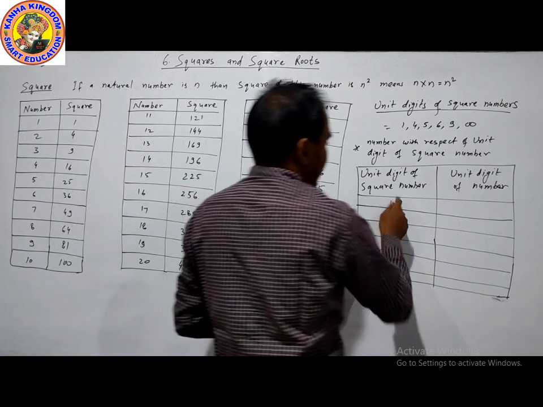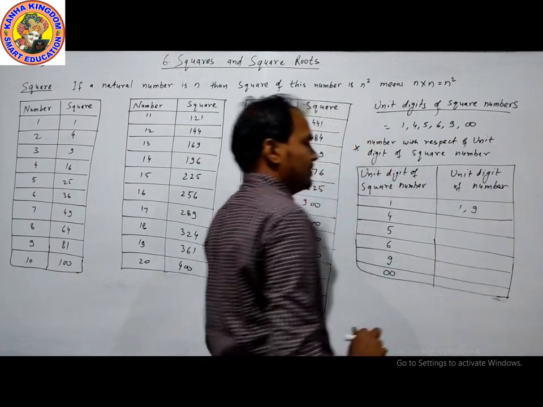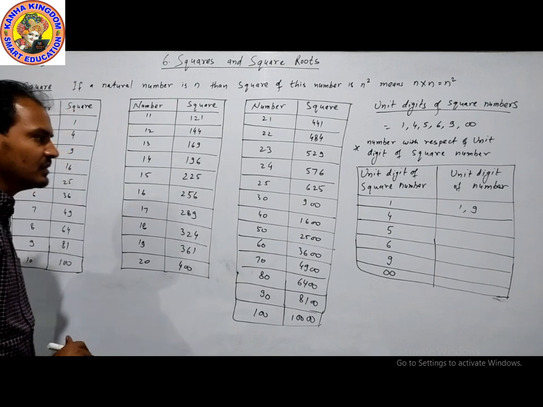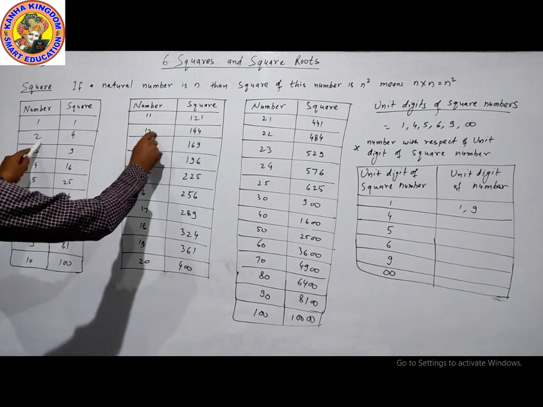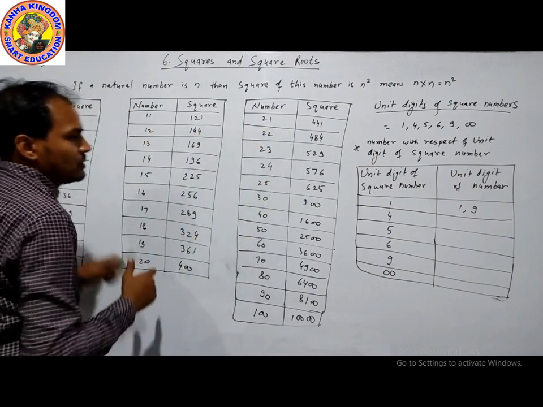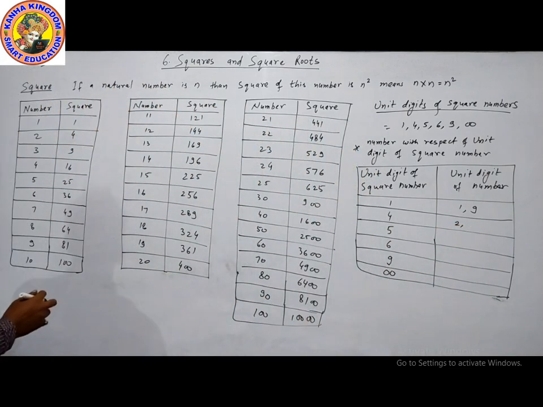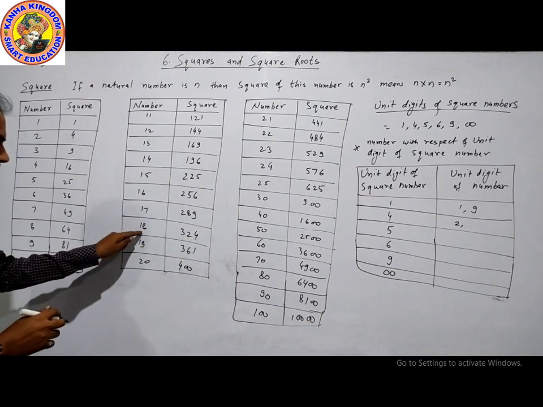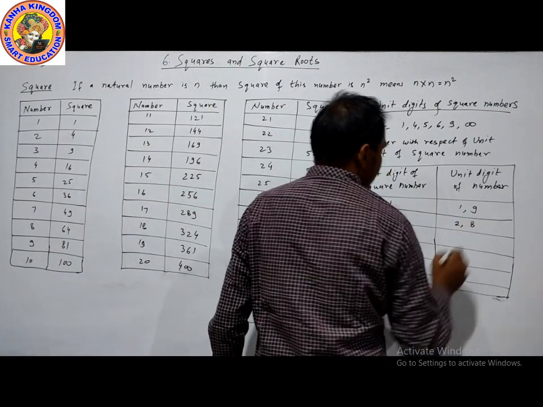So if we get 1, the unit digit of the original number is 1 or 9. If we get 4, the unit digit of the original number is 2, and another case is 8.